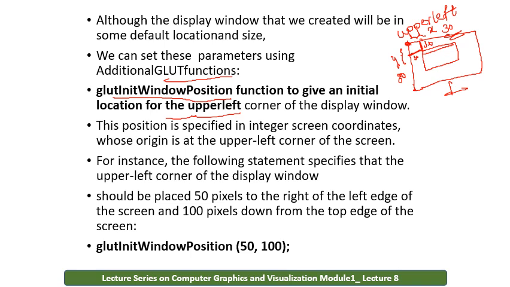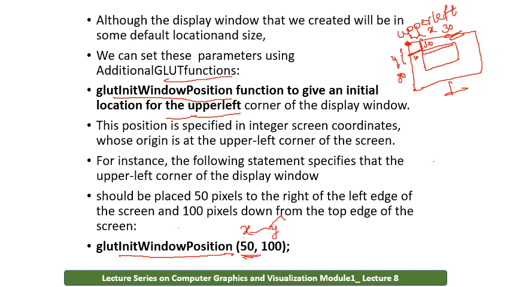Here is one example that I have given: glutInitWindowPosition, the function name. Try to remember this function, which takes the position where you want to keep the window on the screen. 50 is the x coordinate and 100 is the y coordinate.